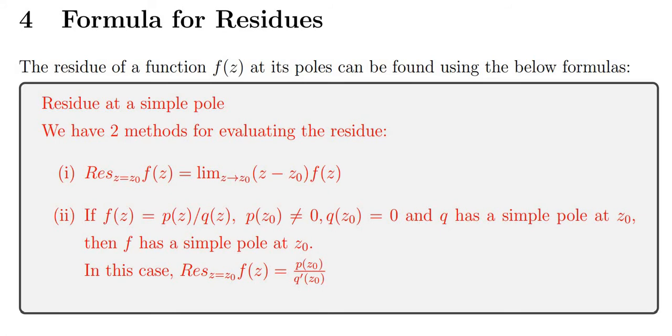Otherwise, if f(z) is in the form p(z)/q(z), where p(z0) is not equal to 0 and q has a simple zero at z0, then f has a simple pole at z0. In this case, the residue of f(z) at z = z0 is p(z0) divided by q'(z0).